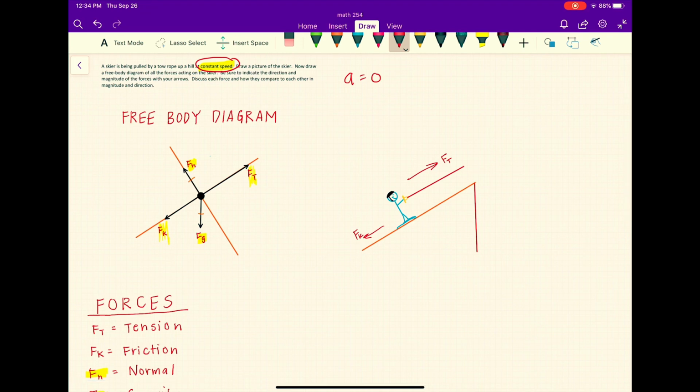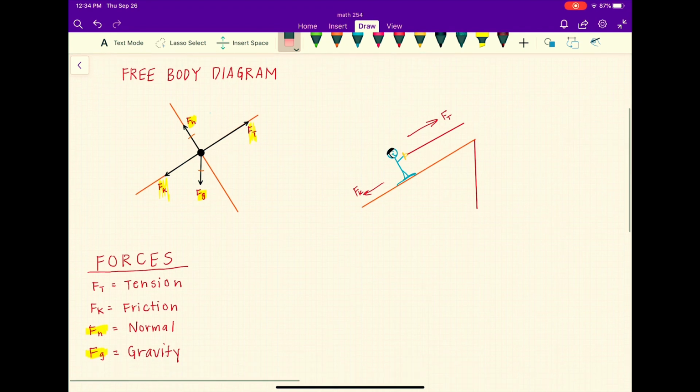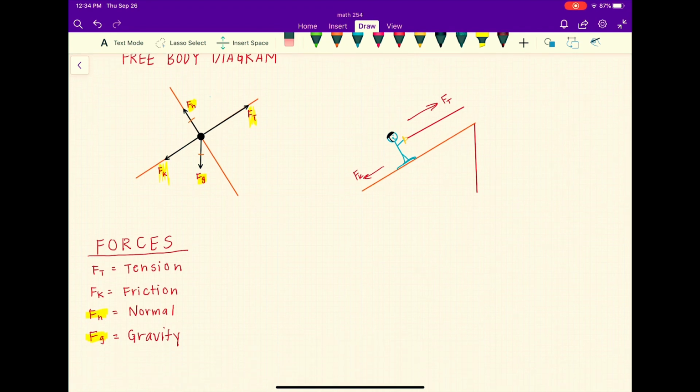We know that the force of tension is the force exerted by the rope, and that friction is given by the equation F sub k is equal to mu sub k times the normal force. Because the skier is being pulled up the hill, we know that the force of tension will be greater than the force of friction.